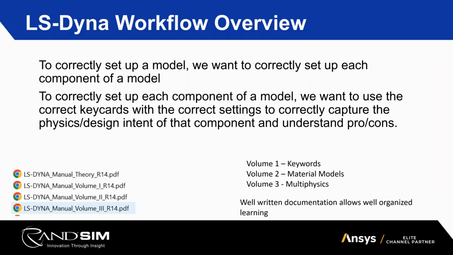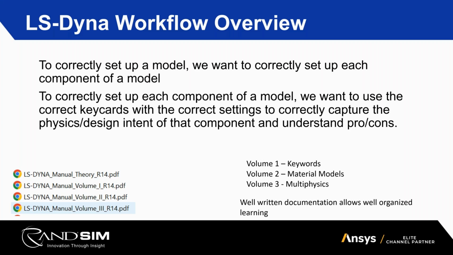Now, why is this a good thing? Some people might say, I really don't like to look at this code. And as I mentioned in the beginning, it might look like a hurdle you want to overcome. But once you overcome it once, it gets easier and easier to understand. The second reason it's a good process is, if you ever think about how you know the model you're setting up is correct, you want to look at the components of that model. If the components of that model are all individually set up correctly, you have a good model.